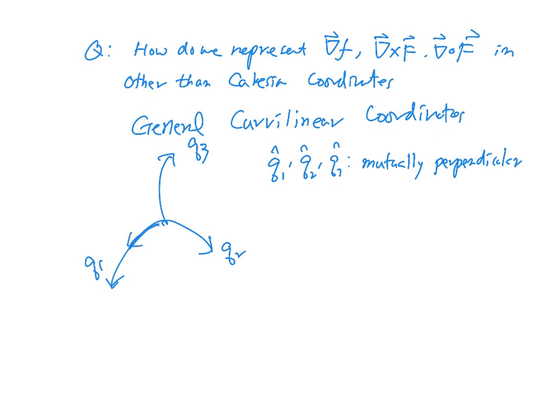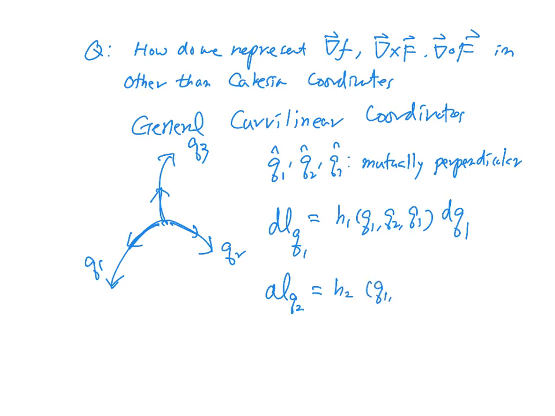And for the distance element, I'm going to write dL q1 as h1(q1, q2, q3) dq1, dL q2 as h2(q1, q2, q3) dq2, and dL q3 as h3(q1, q2, q3) dq3. So this is a differential, infinitesimal distance along the q1 axis, this is the infinitesimal distance along the q2 axis, and the same for the q3 axis.